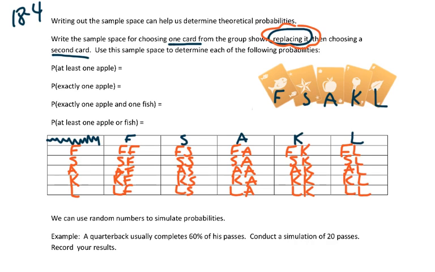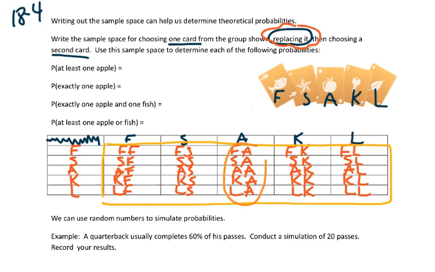So if you take a look at what we're asked, we want to know the probability of at least 1 apple. So remember that this part of my table has all the possible outcomes. So there are 25 outcomes listed here. At least one apple, I'm going to identify those. So it's all of this row, or that's a column, I'm sorry, and all of this column.